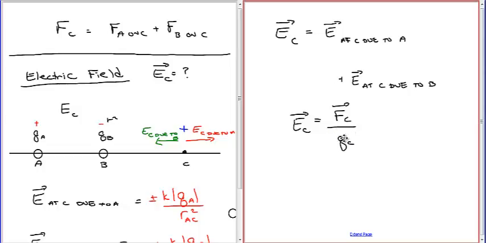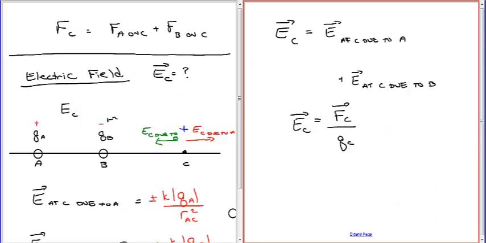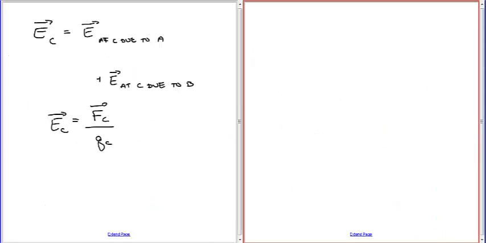And you don't use the absolute value because that'll determine whether this changes sign relative to the force or it's the same direction. So in this case, because QC was positive in our original calculation, the direction of the electric field is going to be the same direction as the force. But if this were a negative charge, then the force would be in an opposite direction from the electric field. So there'll be something like that, where you have to do it in a line.